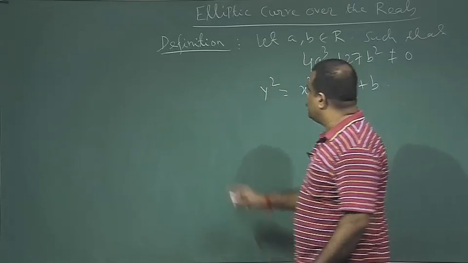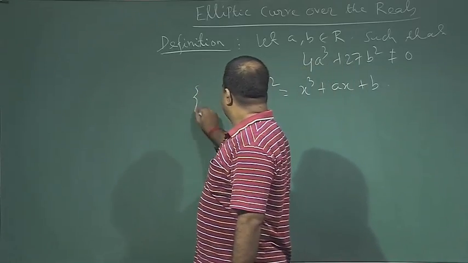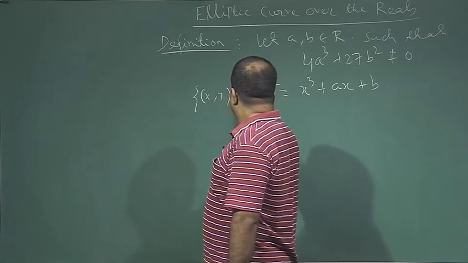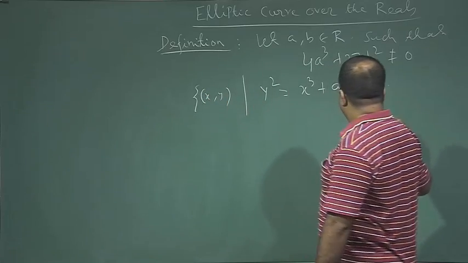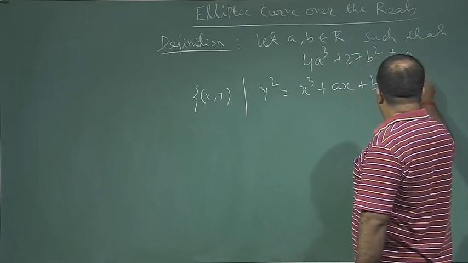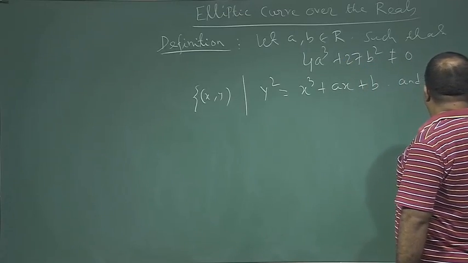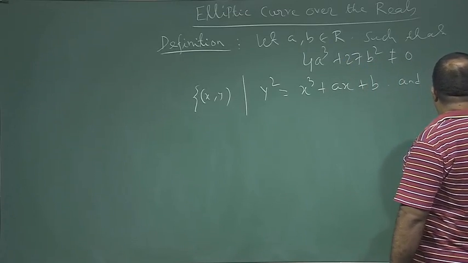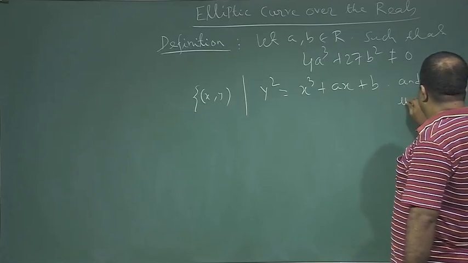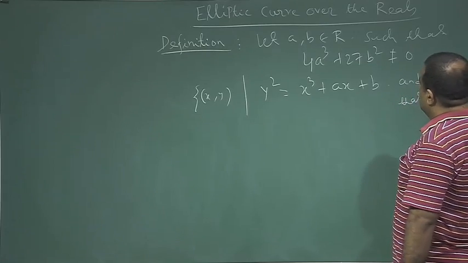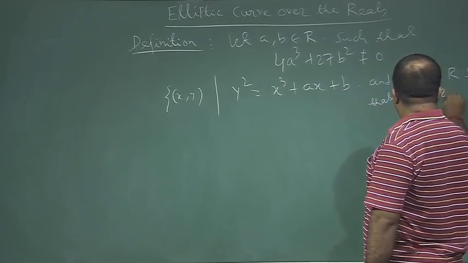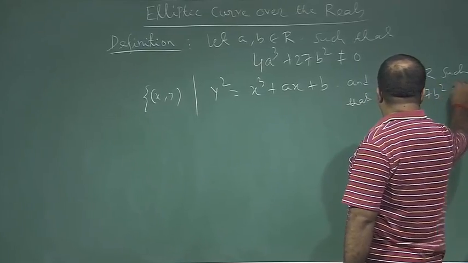So, the collection of the points (x, y) such that a and b are coming from R such that this condition 4a cube plus 27b square is not equal to 0.